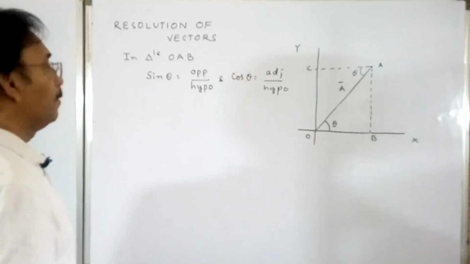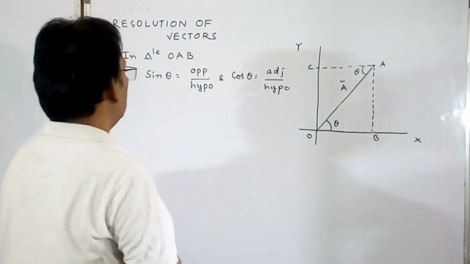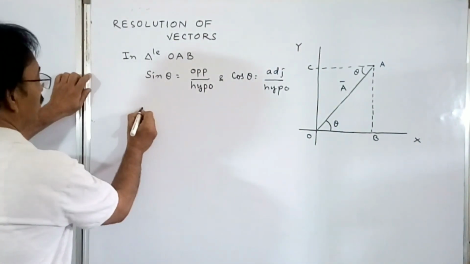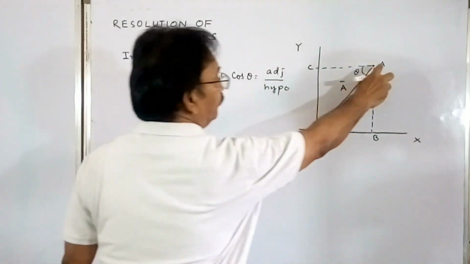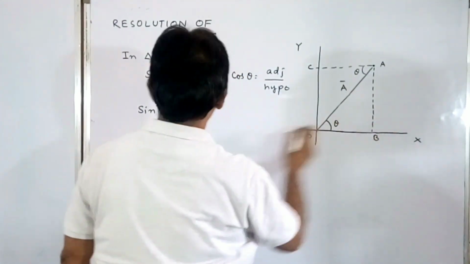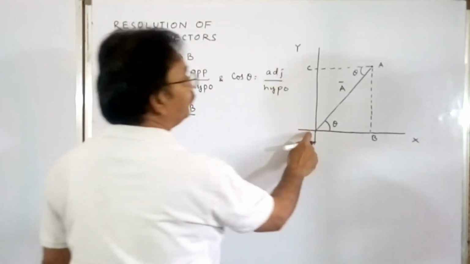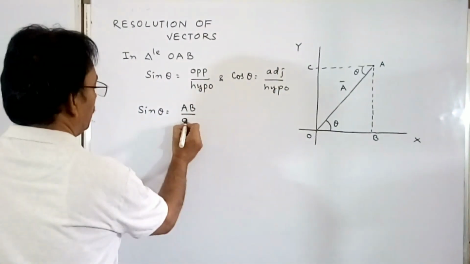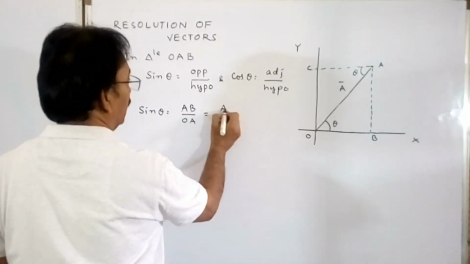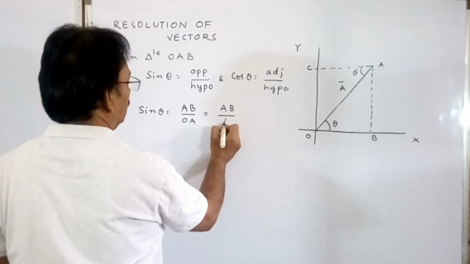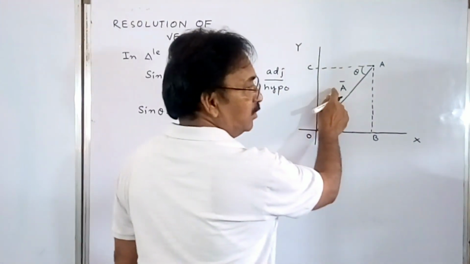Here we are writing the value of sine theta. Sine theta can be written as AB upon OA. It can also be written as AB by vector A. Let's say it's a vector A.